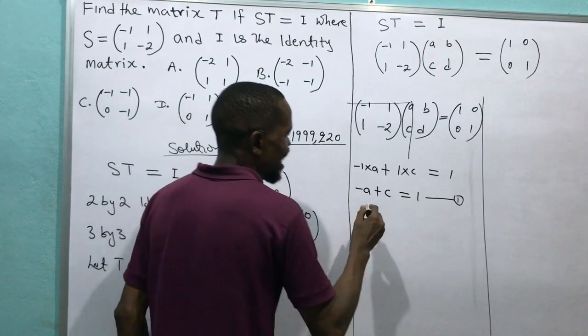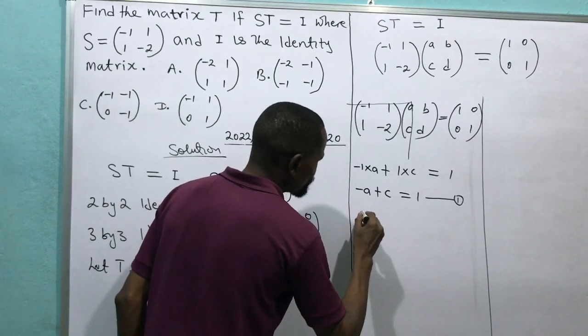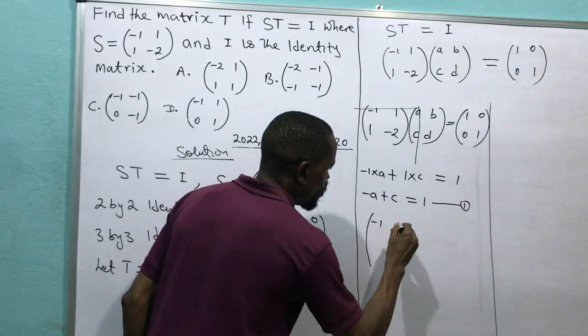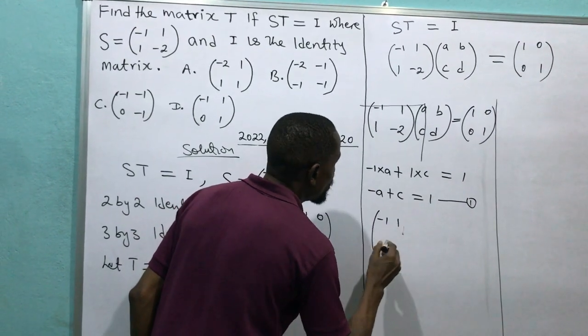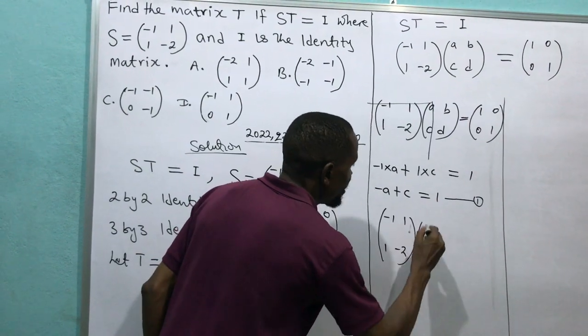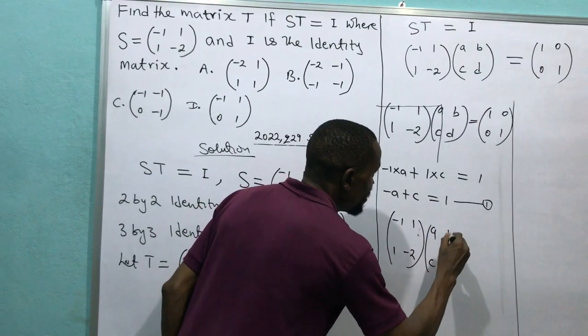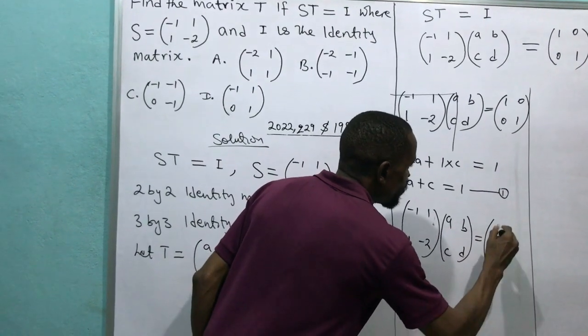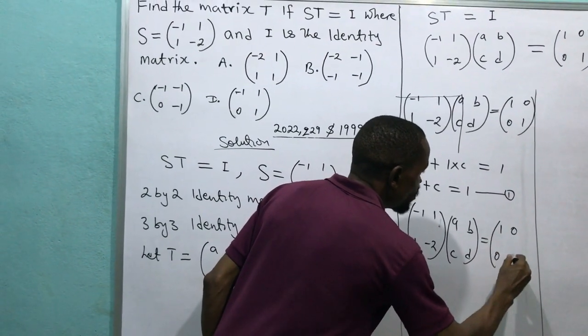Then again, I take the second row, 1, minus 2, multiplied by A, C, B, D, and equate to 1, 0, 0, 1.